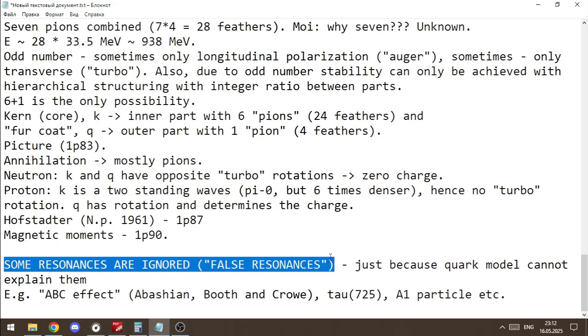The quark model actually ignores some of the resonances. So Burtaev, like I've shown you, at least some resonances, how easily they can be described with this scheme, with these roughly speaking feathers, and this hierarchical division of structure into the core and the coat.